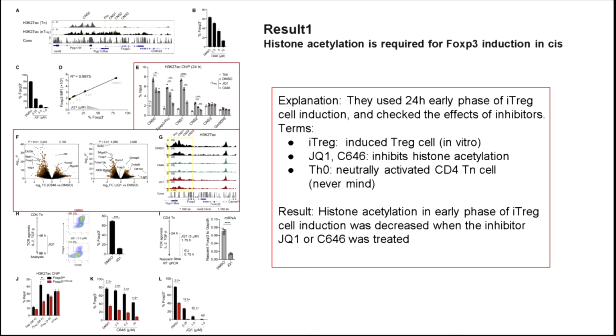Figure E shows that the amounts of acetylation in the Foxp3 region were decreased when the inhibitor JQ1 or C646 was treated. And figure F shows the decreased expression of Foxp3.